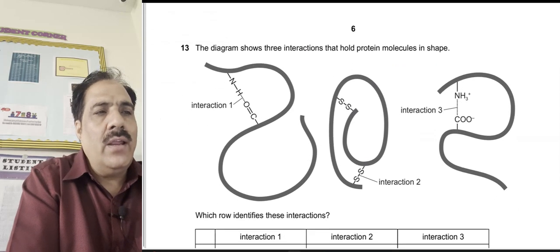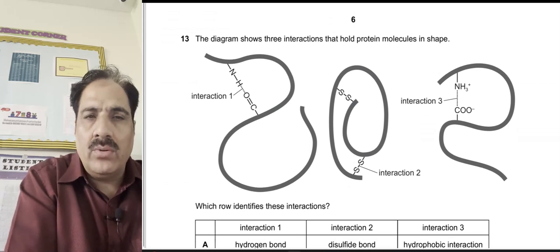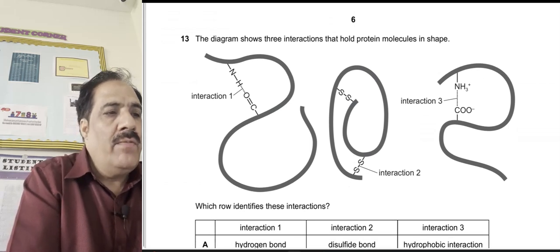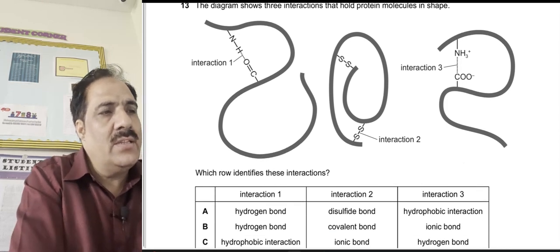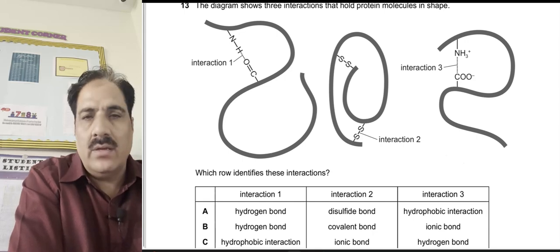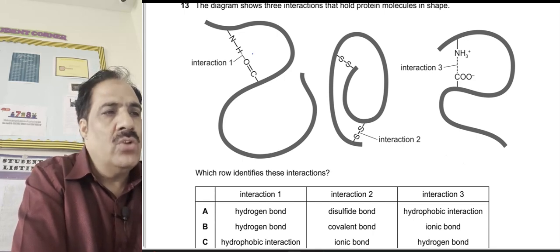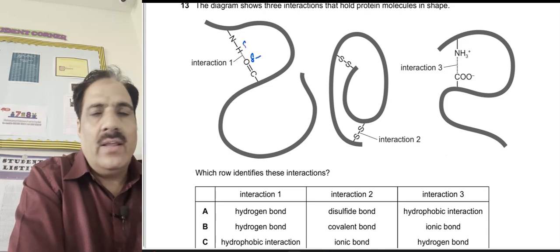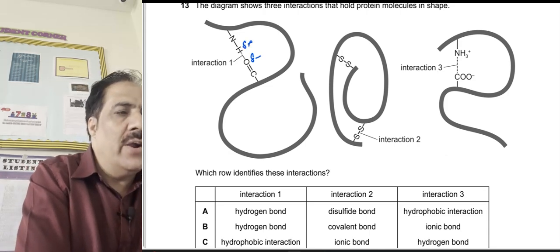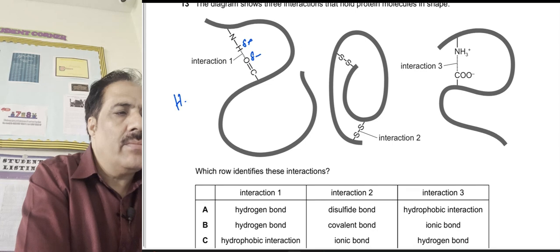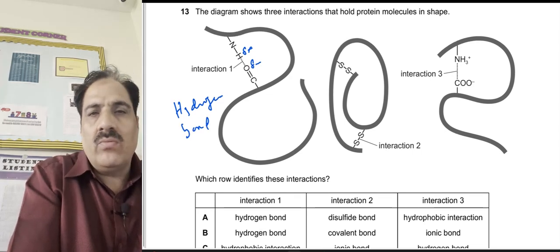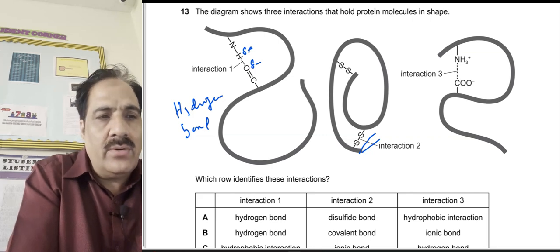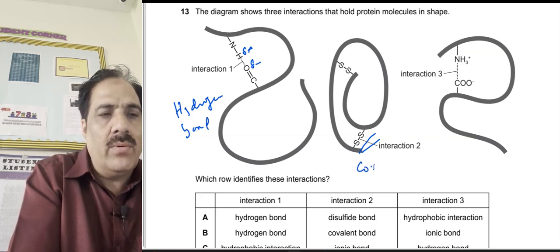Now the diagram shows 3 interactions that hold protein molecules in shape. Which row identifies these interactions? So we can see the interaction 1 is there is a small negative charge on the oxygen, small positive charge on the hydrogen. The force of attraction between them we call the hydrogen bond. There is S-S bond, this is a disulfide bond, formed by the sharing of the electrons, and the sharing of the electrons is the covalent bond.